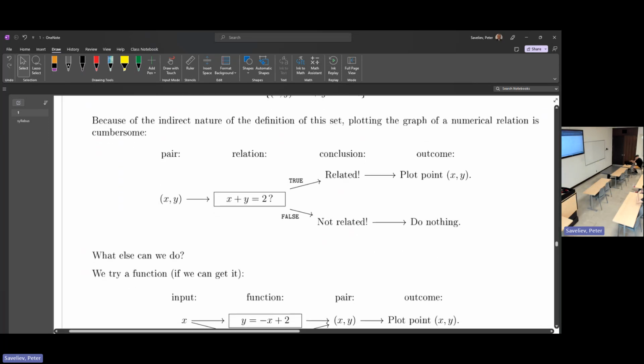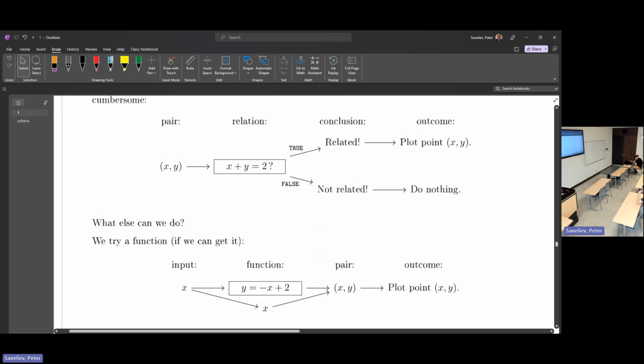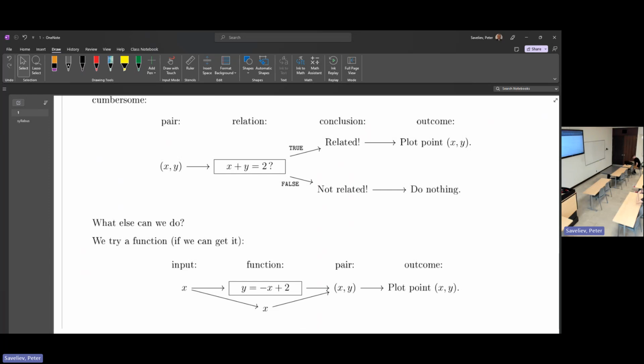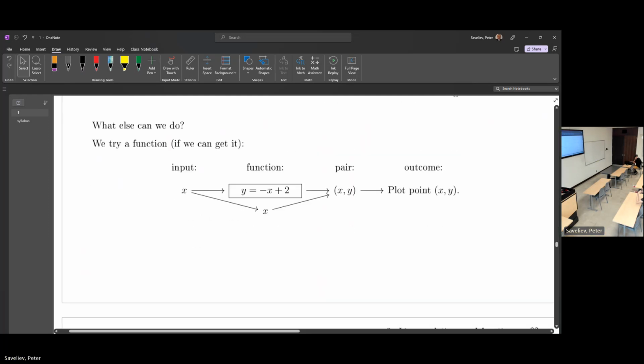What do we do with the function? Each x will produce a y, and so then x, y is plotted. As you can see, there are no numbers, so it's always a yes. Every x will produce a y, and that will produce a point. So you do not go like this through the square.